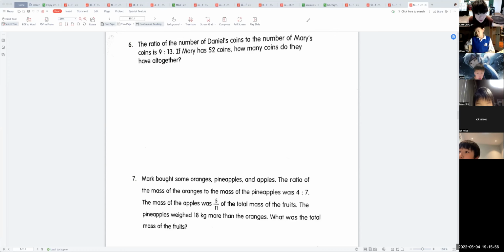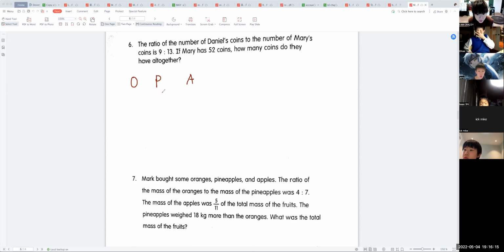Okay, so let's take a look at number 7. Mark bought some oranges, some pineapples, some apples, right? So this time, before there were only 2 items, now there are 3 items, okay? The ratio of the mass, what does the mass mean? That means the weight, okay?